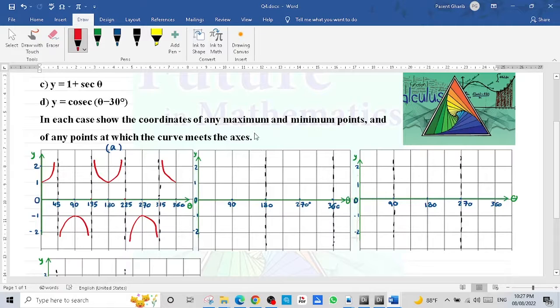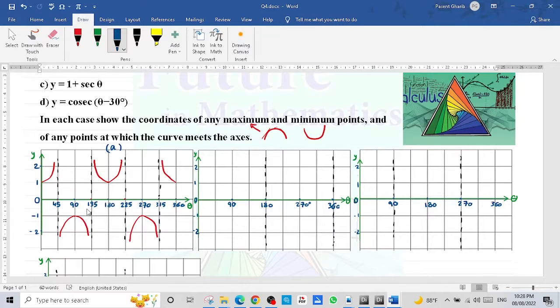What about the maximum and minimum? At a maximum, the curve is increasing before the point and decreasing after the point, so the curve must be like this to get the maximum. For the minimum, the curve takes this position.